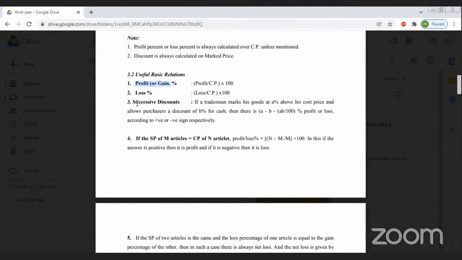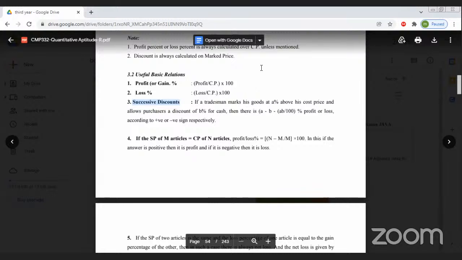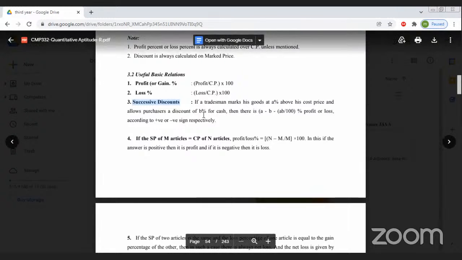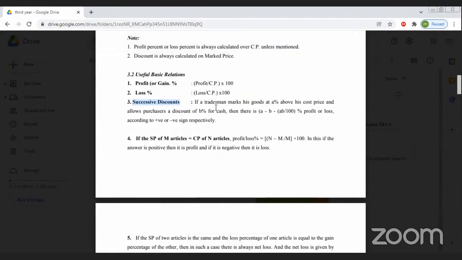See, regarding this, successive discount means what? He marks his goods at A% above his cost price. Let's say his cost price was 90 rupees, but he marks his goods above the cost price, and allows the purchaser a discount of B% for cash.